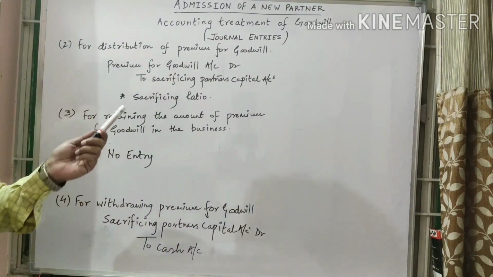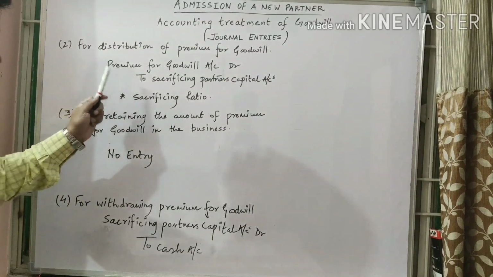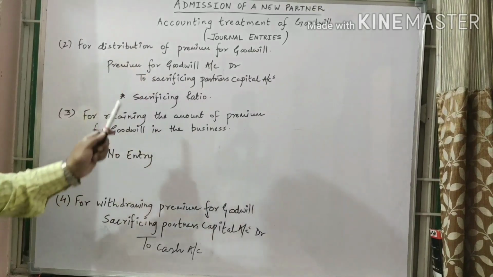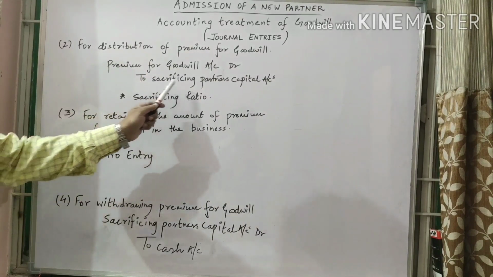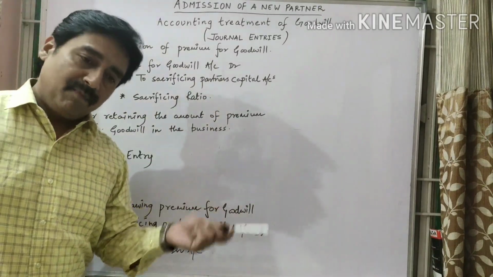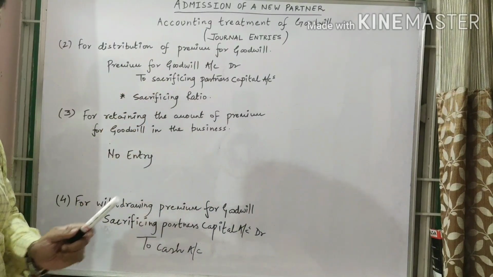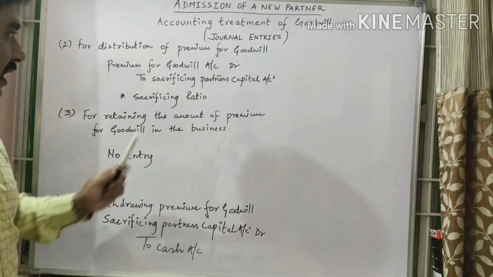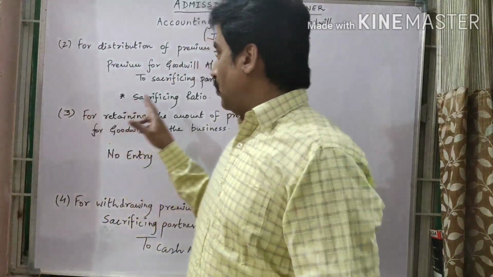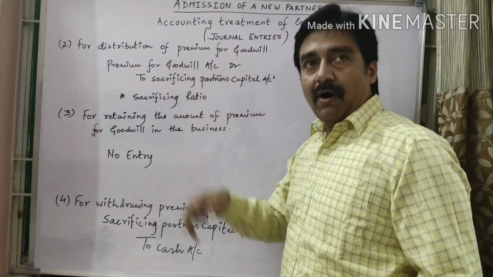I told you that it will be distributed amongst the partners and it will be distributed by passing this journal entry. Look at the entry: premium for goodwill account debit to sacrificing partners capital accounts. When I'm saying that, what do I mean? I mean that all those partners who have sacrificed, only they are entitled to receive a share in this premium for goodwill.